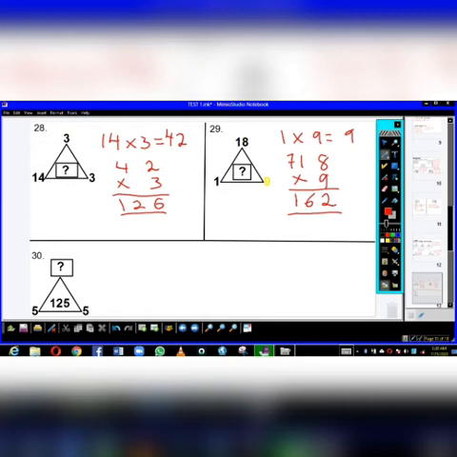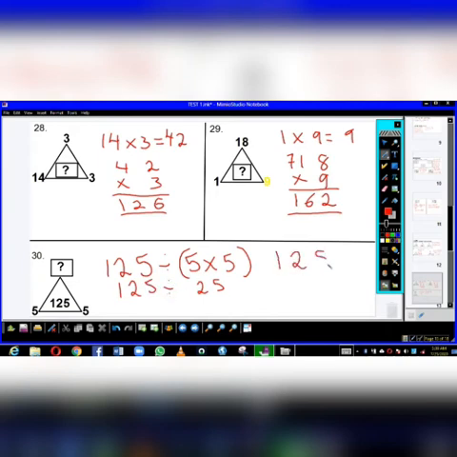Here, since the answer has been given, that is the answer in the middle of the triangle, we need to divide it by the product of the outer numbers. 5 times 5 will give us 25. So we say 125 divided by 25.